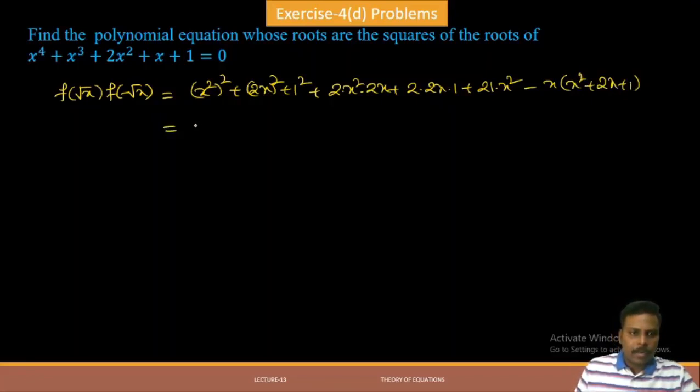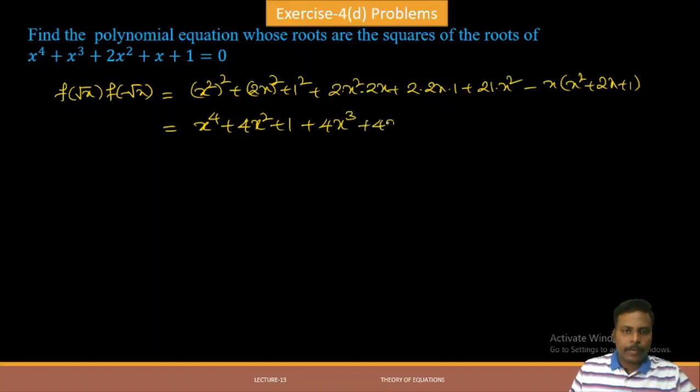So that is equal to x to the power 4 plus 4x square plus 1 plus 4x cube plus 4x plus 2x square minus x cube minus 2x square minus x.